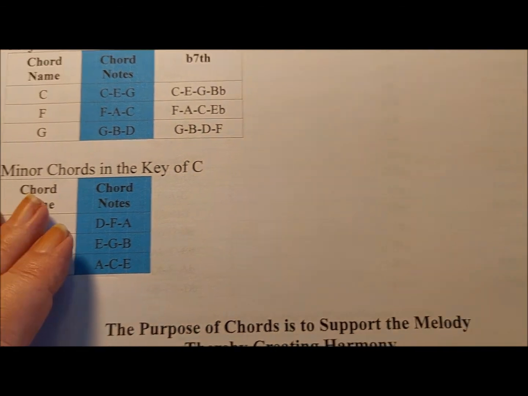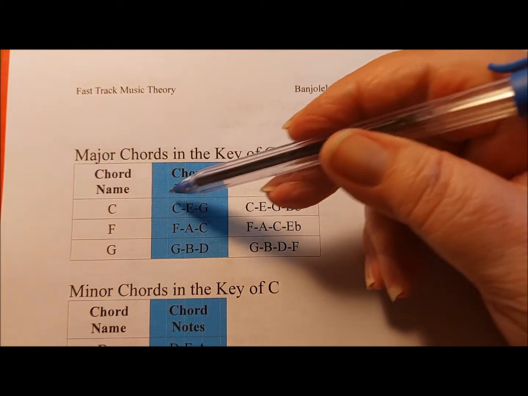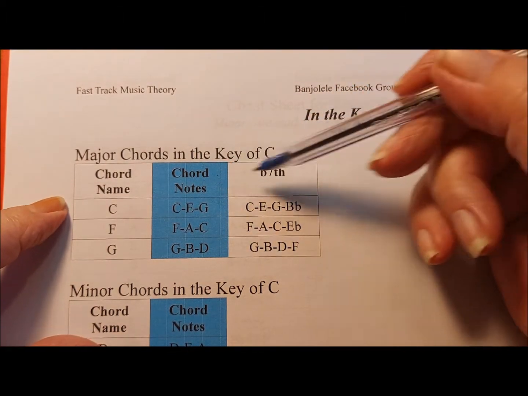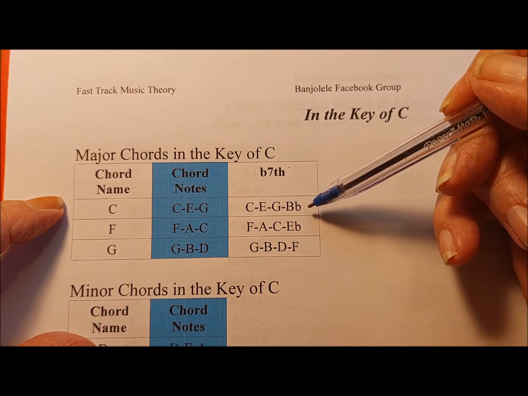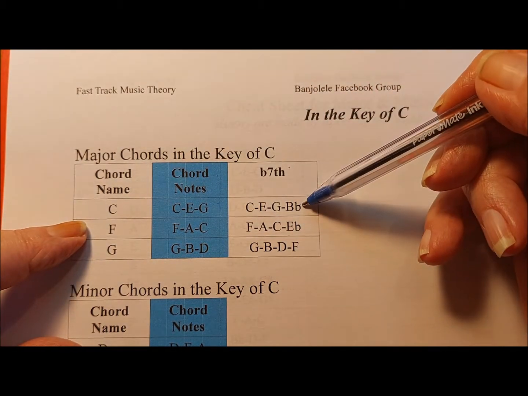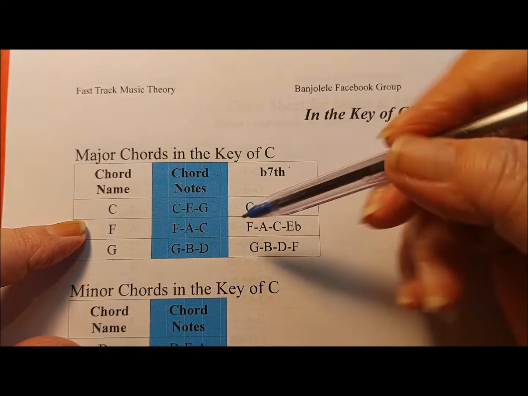So in the key of C, we have C, E, G, chord notes. If you want to make the flat 7th, it would be C, E, G, B flat. That's the 7th. B flat is the 7th of C.